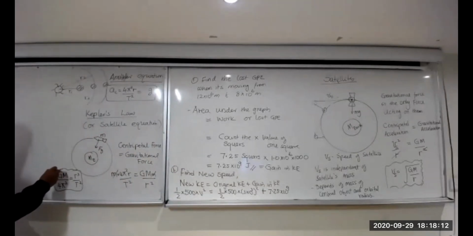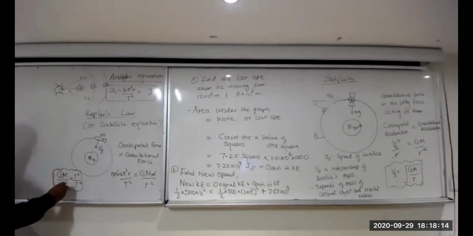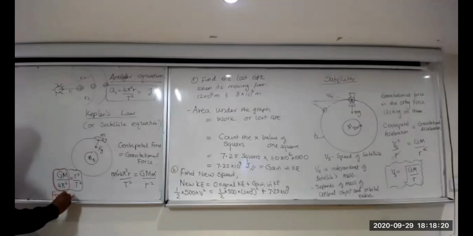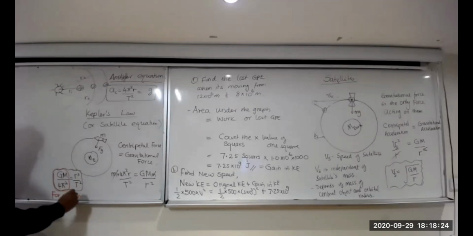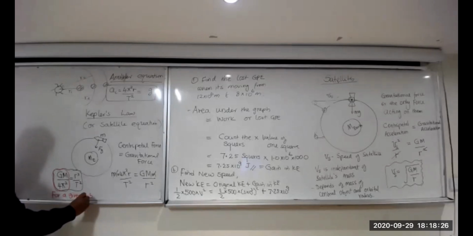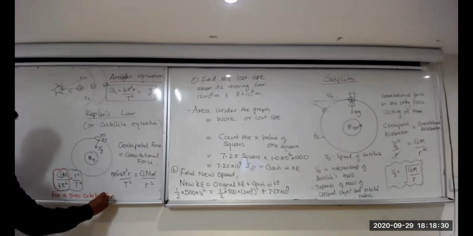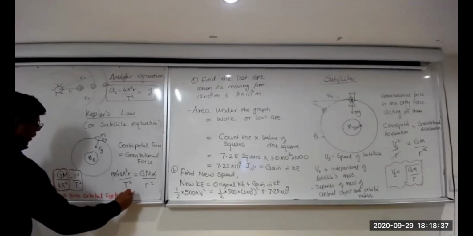For a given system, say for example our solar system, GM on 4 pi squared is a constant.